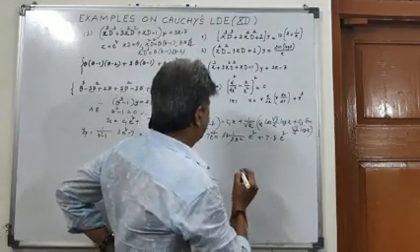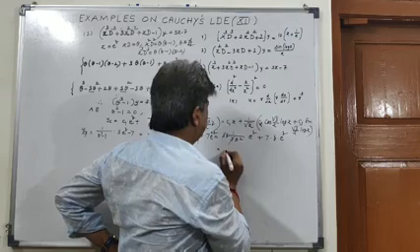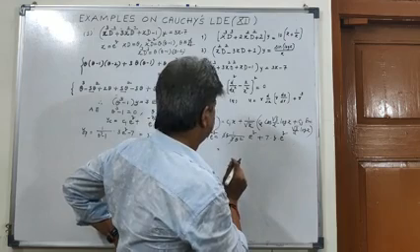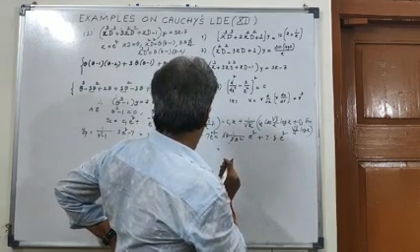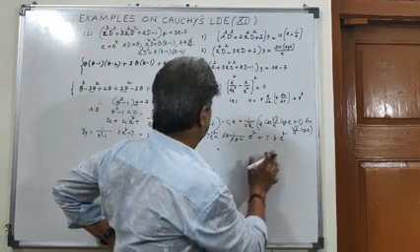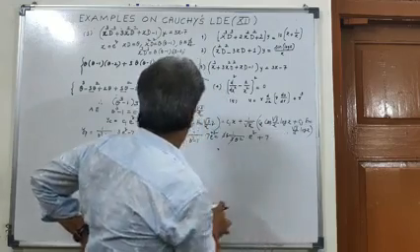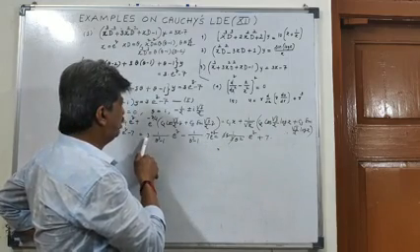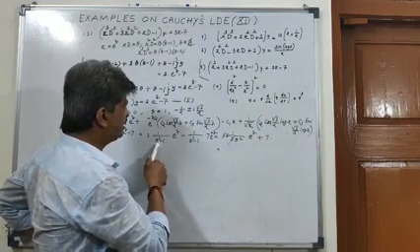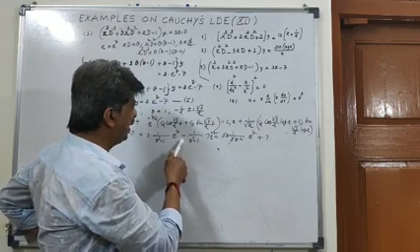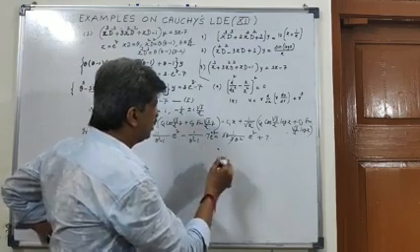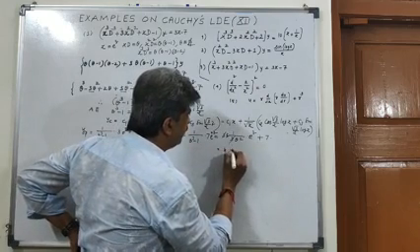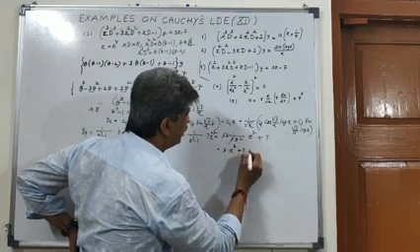So aggregately it comes out as z e raised to power z. This is the first term, 3 into z, 3 theta square, second integral minus 1. So it is z into e raised to power z plus 7.